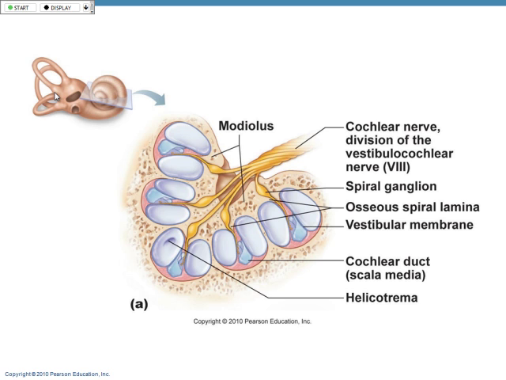And as those waves pass by these structures, and this is what you're going to look at in lab this week, when you look at the cochlea under the microscope, actually I think you looked at it, did you look at it last week? No, you're going to look at it this week. You're going to see this under lower power. What you're going to hone in on is this.